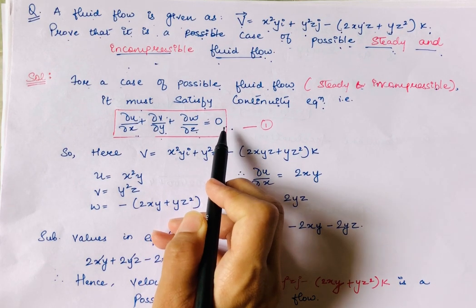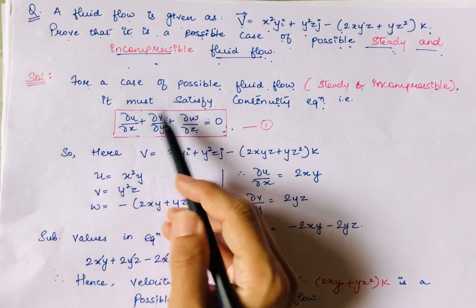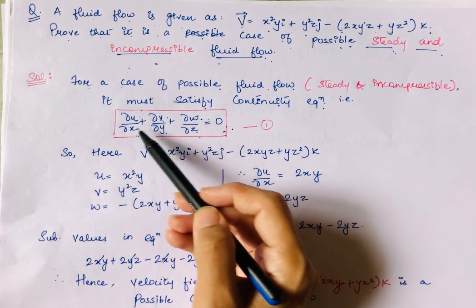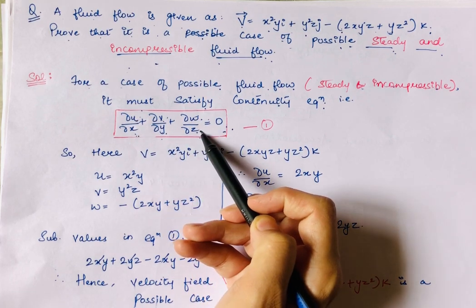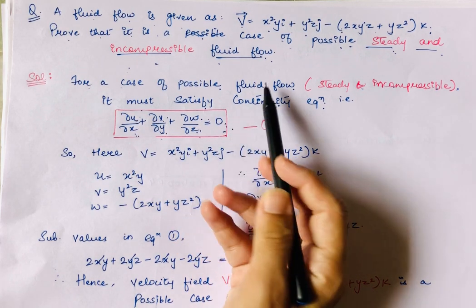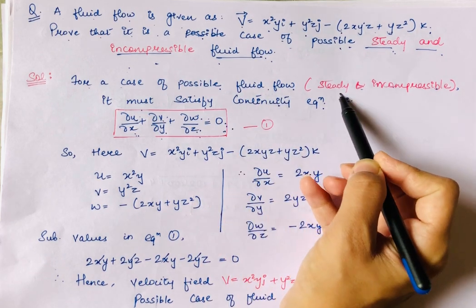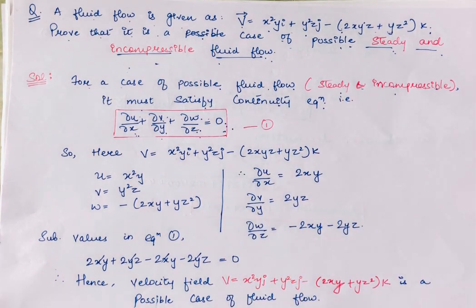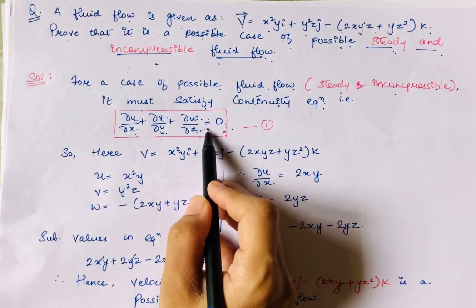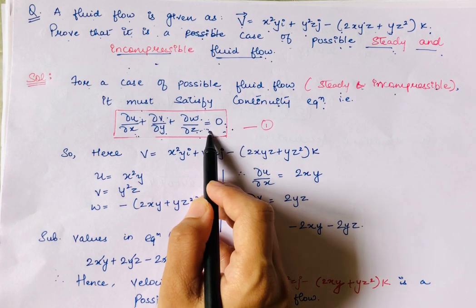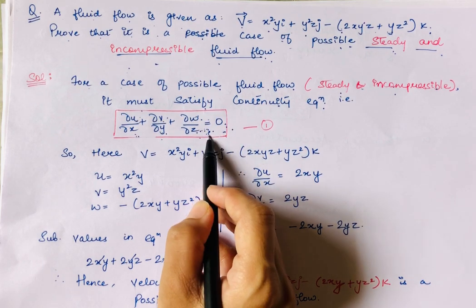If this equation is proved with the velocity components u, v and w in x, y and z direction respectively, then we can say that the fluid is flowing, and that it is both steady and incompressible. Always remember that a fluid can flow only if it satisfies this continuity equation.